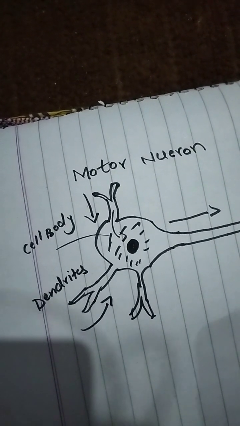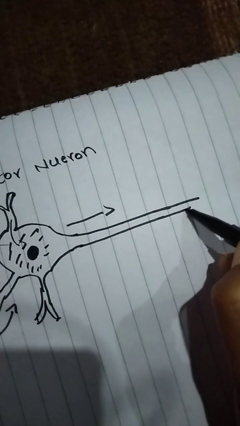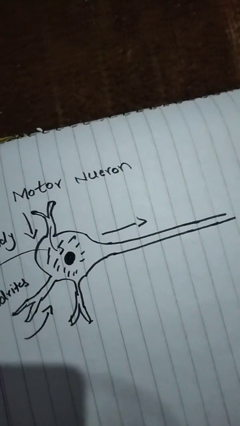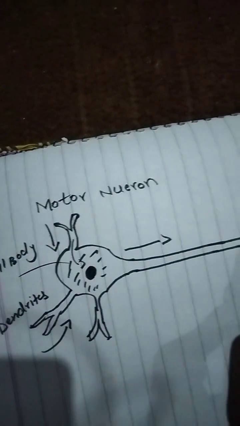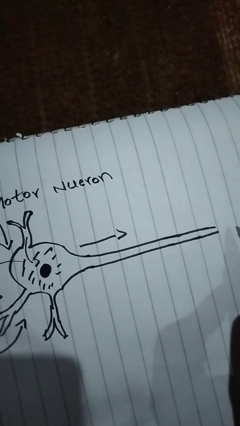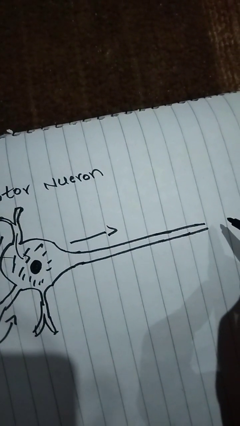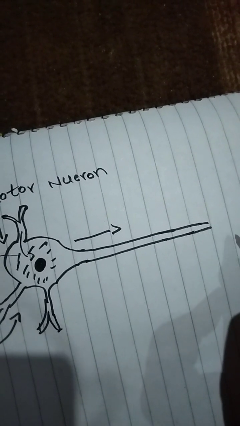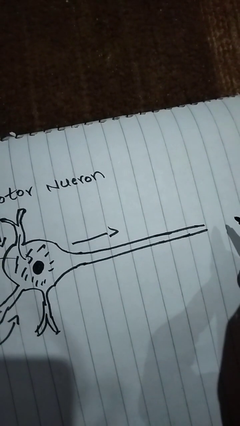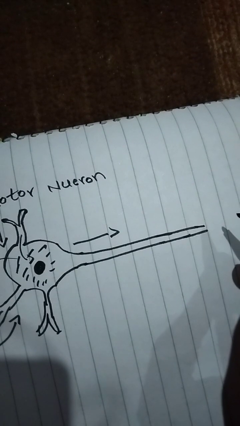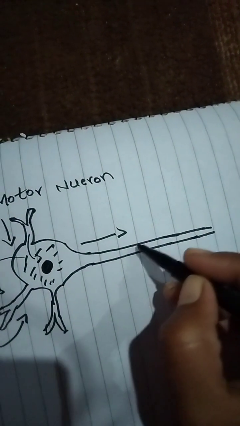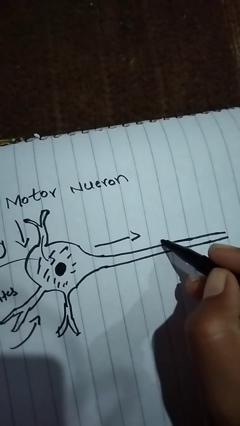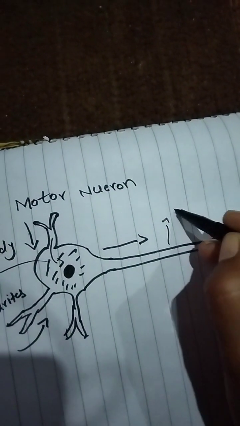This is a long nerve fiber that carries nerve impulses from the cell body toward our peripheral nervous system, like our arm muscles, our leg muscles, our body muscles. So this is called the axon.